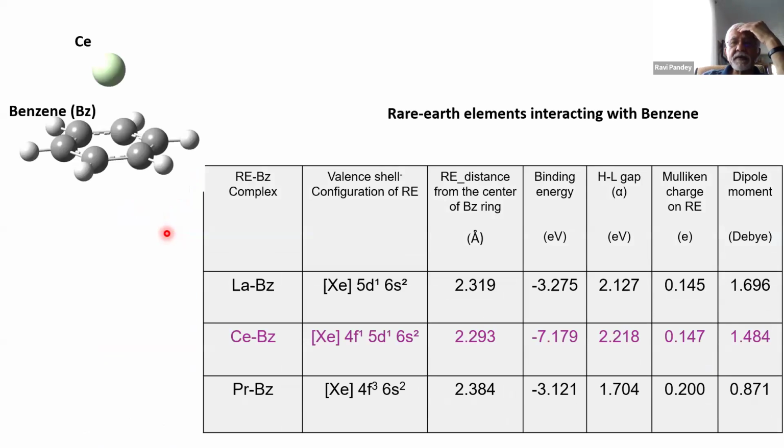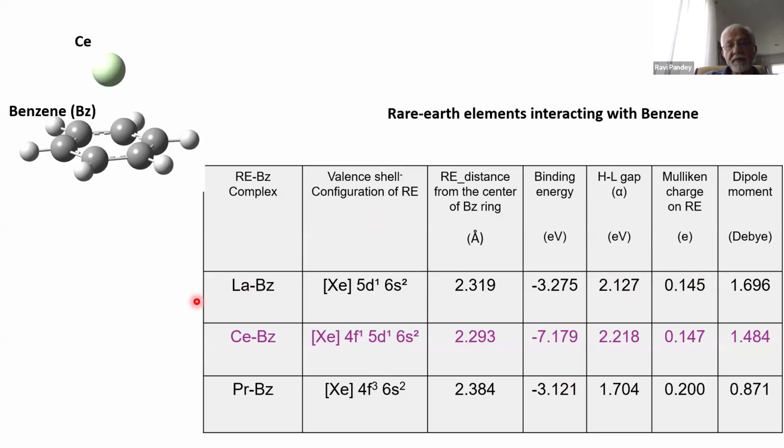So let me give an example: calculating so-called rare earth elements interacting with benzene. Here is the benzene ring, and this is cerium, and then you go through a series of rare earths with their valence configurations, and you look at the equilibrium configuration, what the distance is, what the binding energy is, and the other properties.